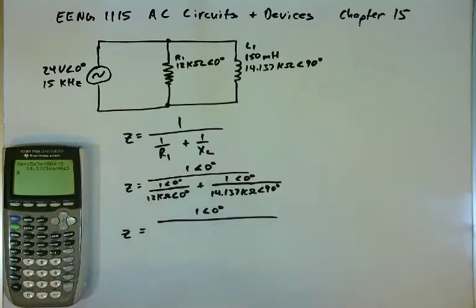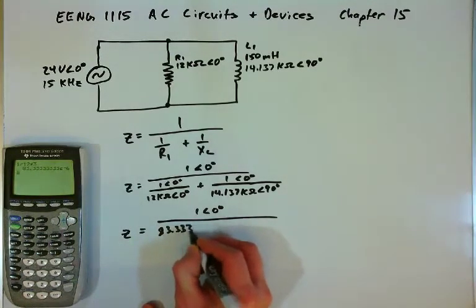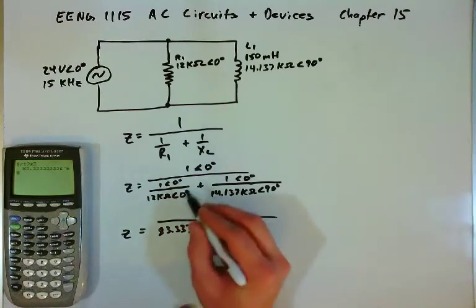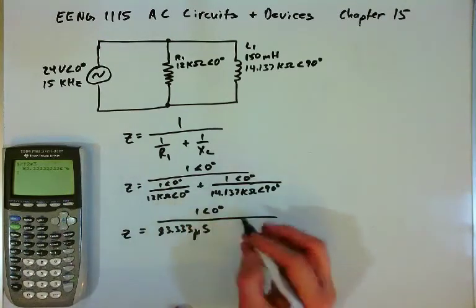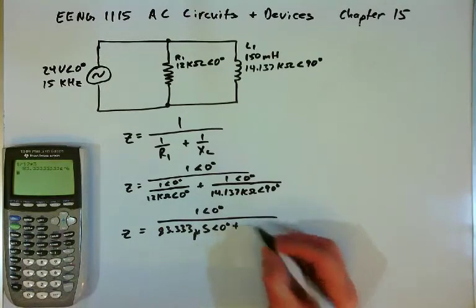divided by, and so I'll divide this vector first. We divide the magnitudes, 1 divided by 12 kiloohms, which is 83.333 microsiemens. And we subtract the angles. 0 minus 0 is 0, so that remains 0 degrees.